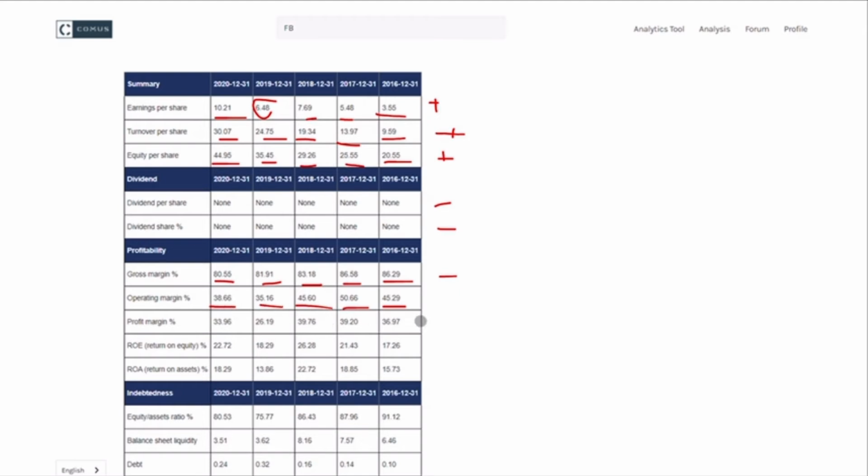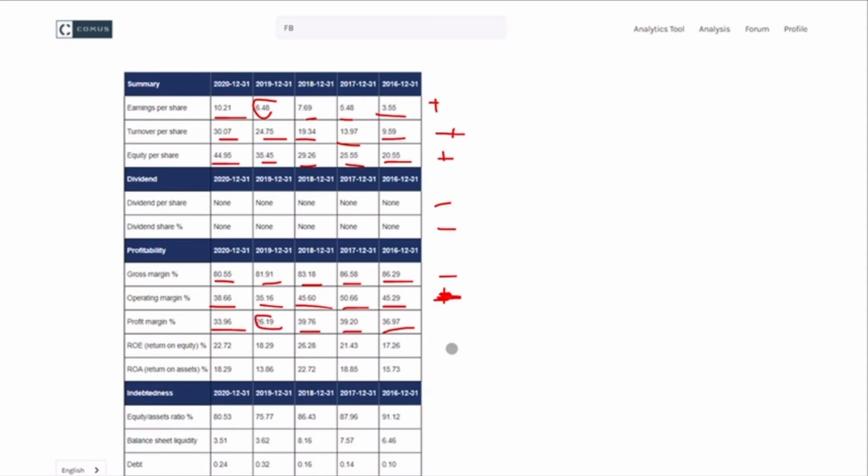So overall, still high numbers, but I would like to see continuous growth, continuous development. So that is a minus here, not a plus, a minus. Profit margin went from 36.9% down to 33.9%, and went up a couple of years, then started to fall off.